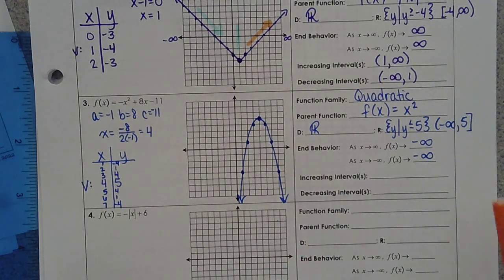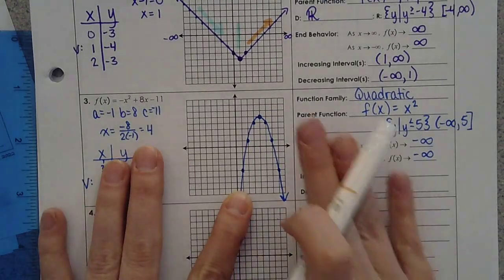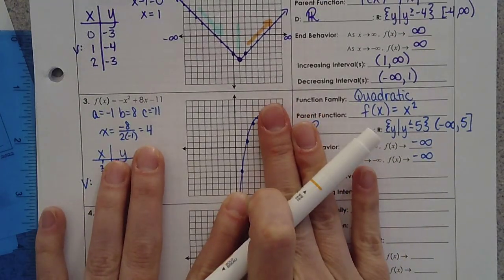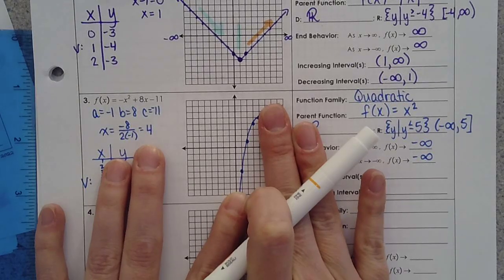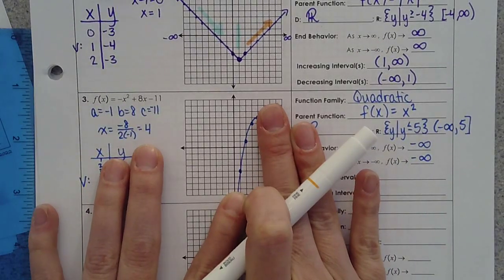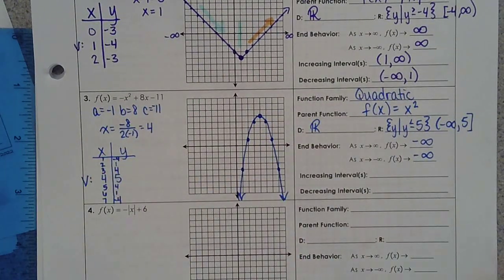All right, increasing and decreasing intervals. Remember, ignore the arrow. Look at the section to the left of the vertex and decide, are my y values increasing or decreasing? Do I look like I have a positive slope or a negative slope? Is my line going uphill or downhill? This is uphill, positive slope, y values getting better, bigger.